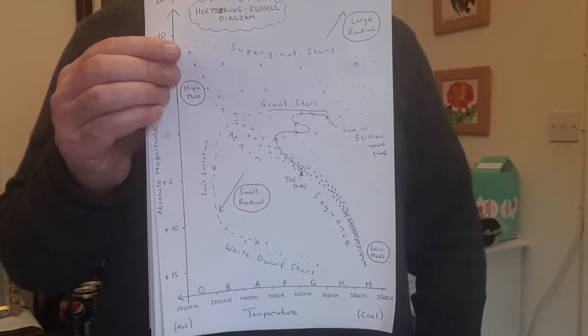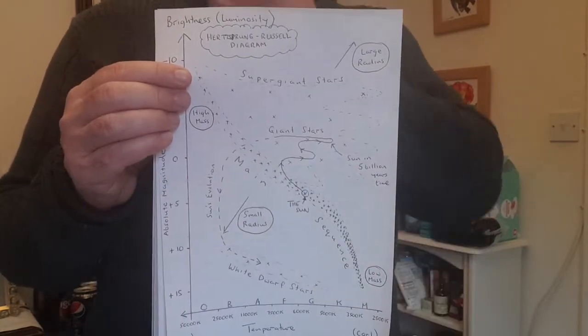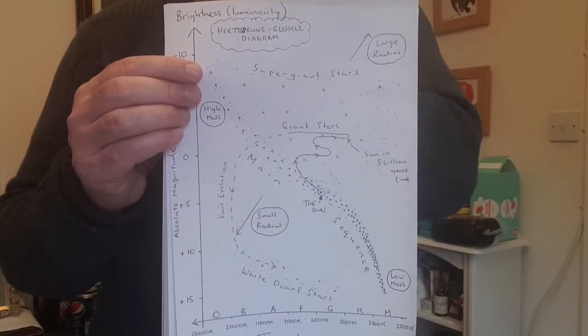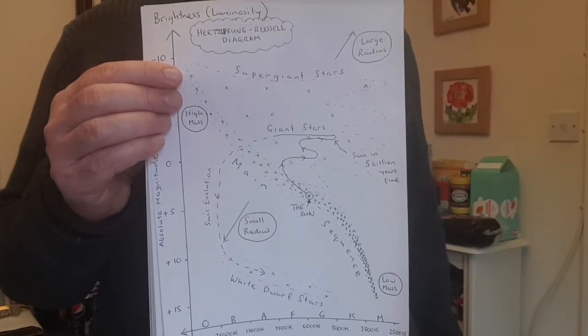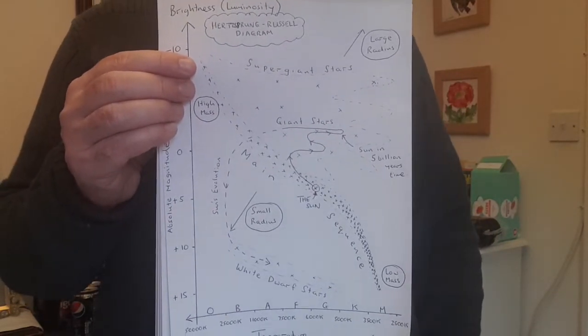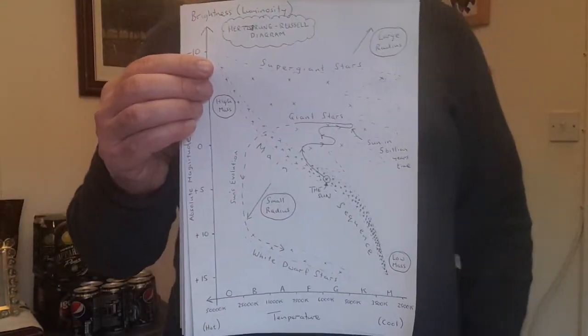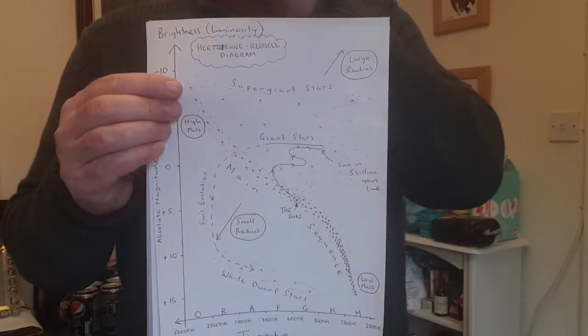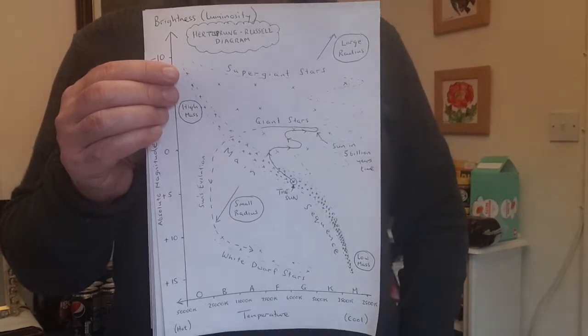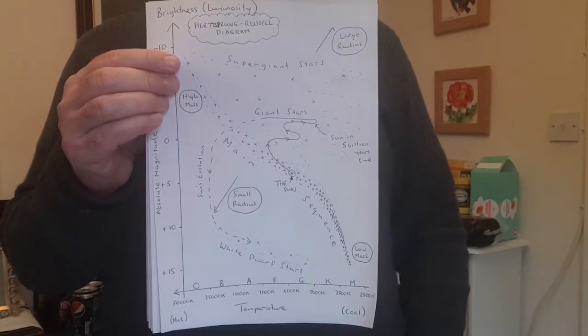And two changes happen to the star at that point. The hydrogen burning, or the hydrogen fusing, will move to a shell that's further out in the star, outside the core. But the core, because it can no longer support itself, will collapse. And it'll collapse and become hotter and denser.